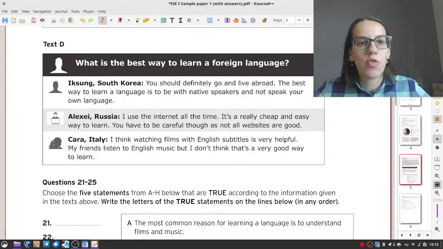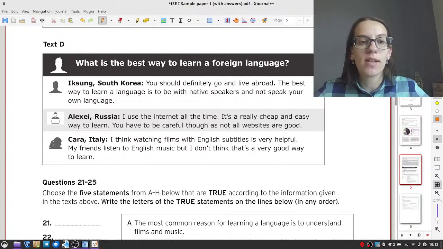So Ik-sung from South Korea says, you should definitely go and live abroad. The best way to learn a language is to be with native speakers and not speak your own language. Alexei from Russia says, I use the internet all the time. It's a really cheap and easy way to learn. You have to be careful though, as not all websites are good.